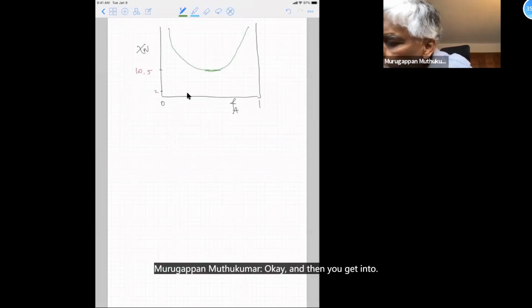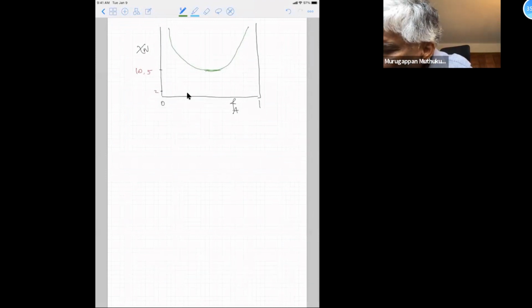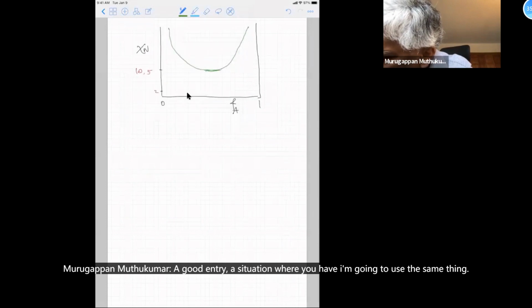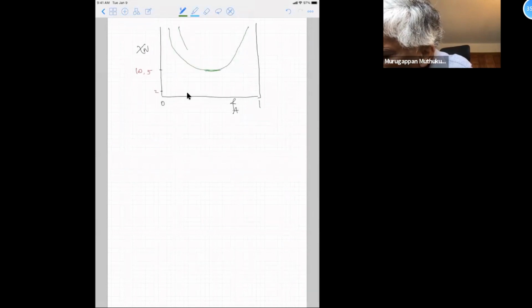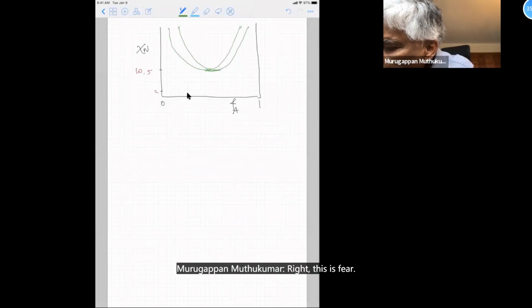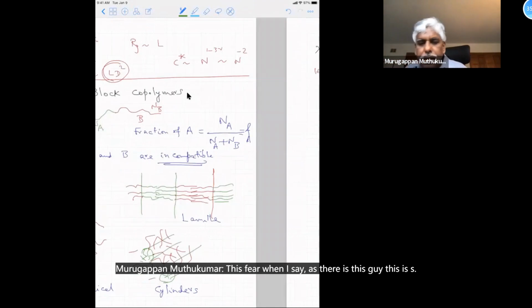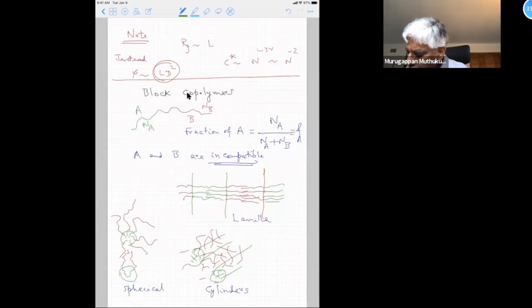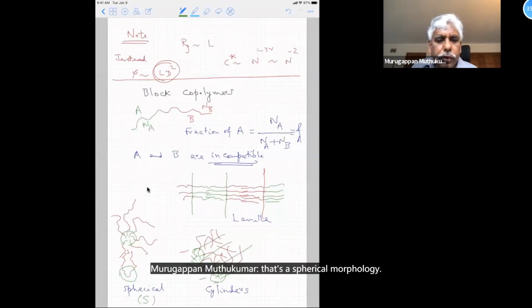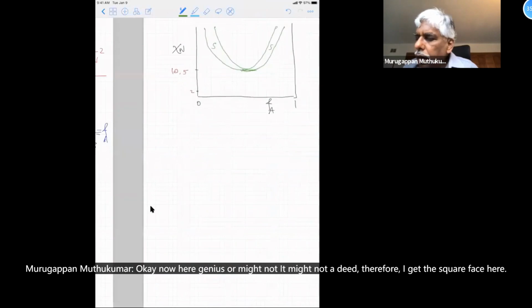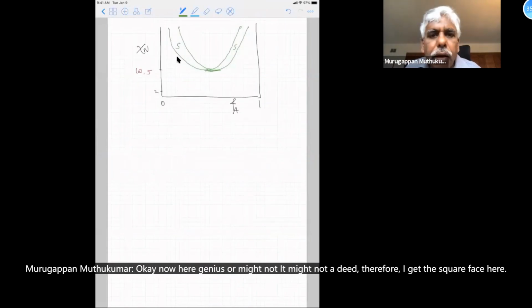And then you get into a situation where, I'm going to use the same green, this is a sphere. When I say S, that is this guy, a spherical morphology. Now here, green is a minority, therefore I get the sphere phase.